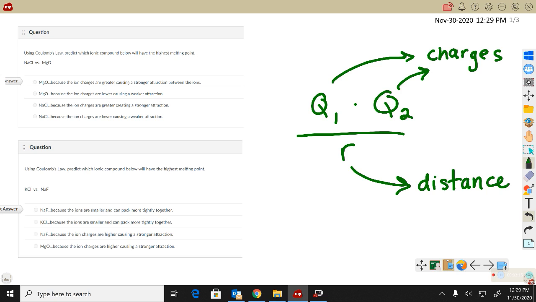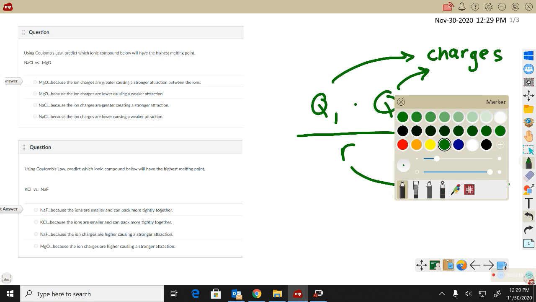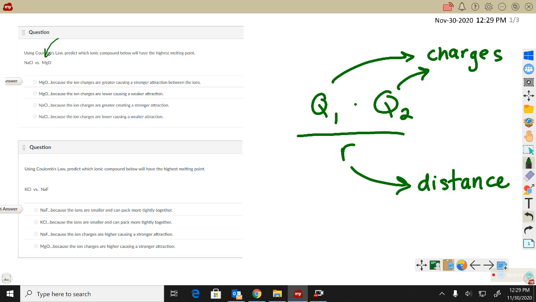If I've got my magnesium oxide, magnesium is a +2 ion, and oxygen is a -2, but sodium is only a +1, and chlorine is a -1. So with ionics, the number one thing we look at is magnitude of the charge. If you've got higher charges, then you're going to have a stronger attractive force. It's going to take more energy to separate the particles and change phase.